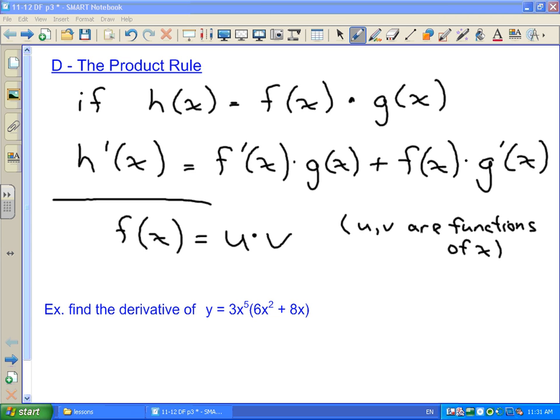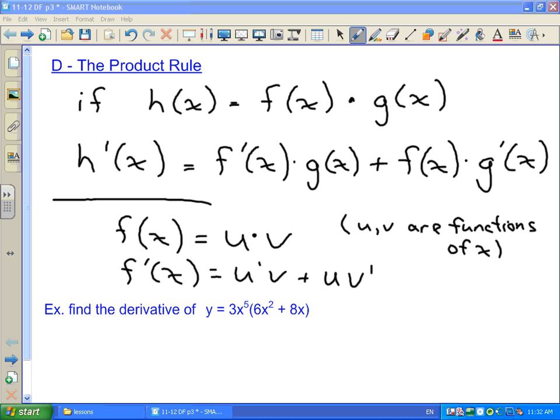Then our product rule becomes that f primed at x is the derivative of the first, u primed times v, plus u v primed, or the first one times the derivative of the second.